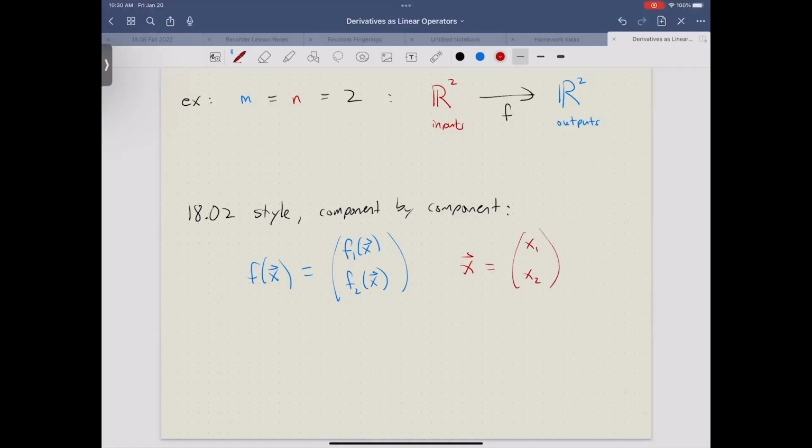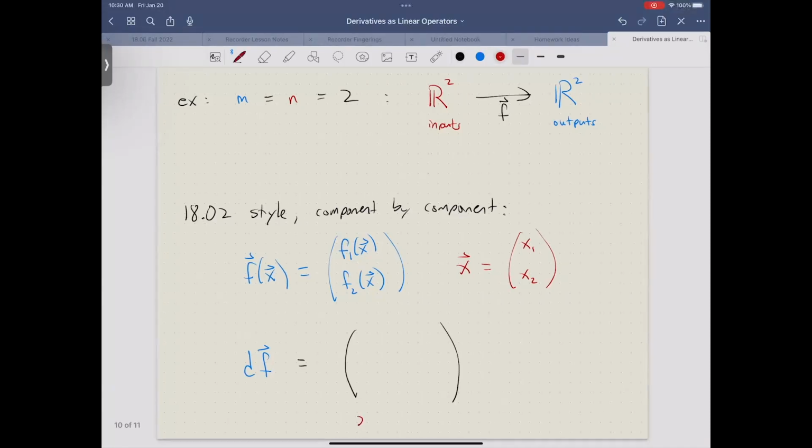And if you want the change in f, let's put a vector here to keep track of what things are vectors and what things are scalars, the change in f, I claim, is going to be the Jacobian, and the Jacobian is now going to be our 2 by 2 Jacobian. And I guess maybe I should put outputs in blue here.